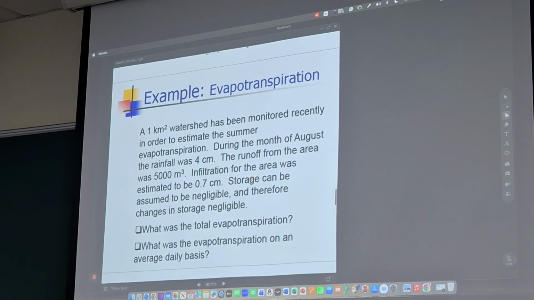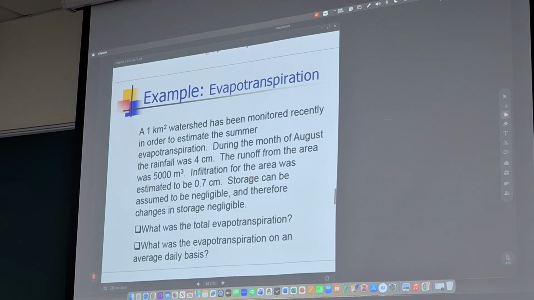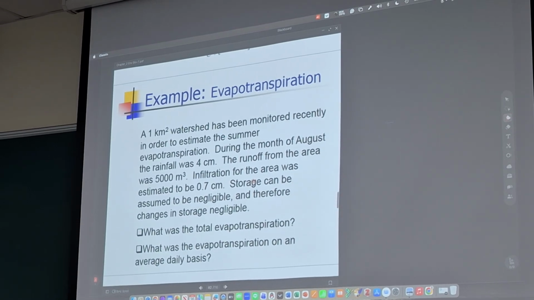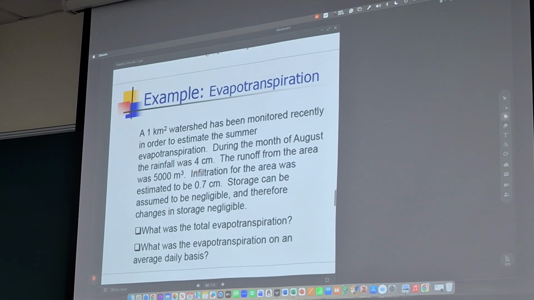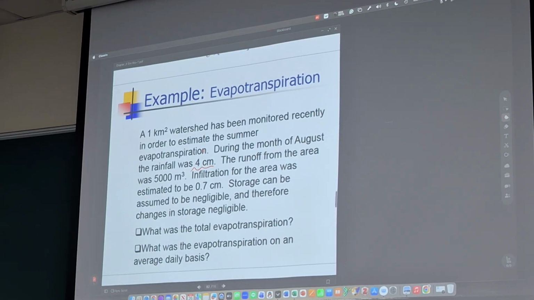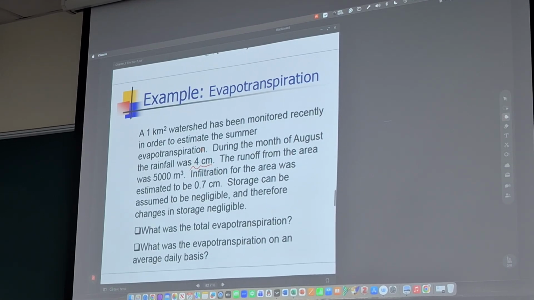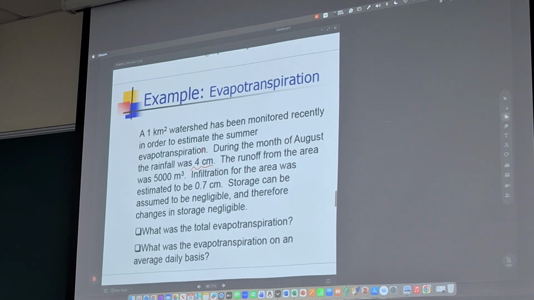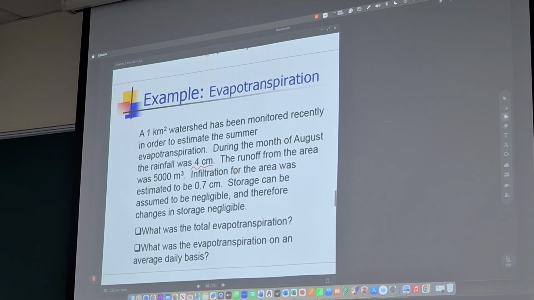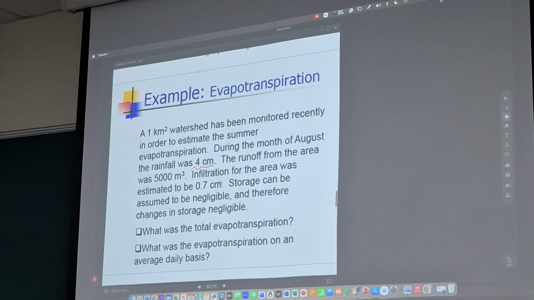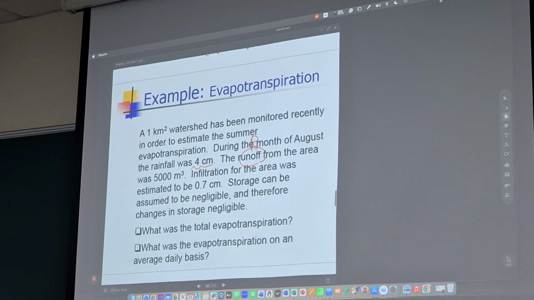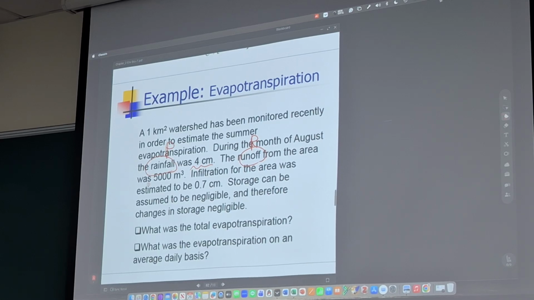During the month of August, the rainfall was 4 centimeters. So the rainfall will be P, right? The rainfall will be P.